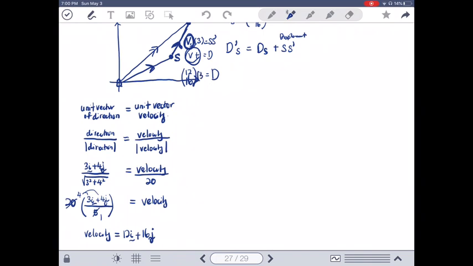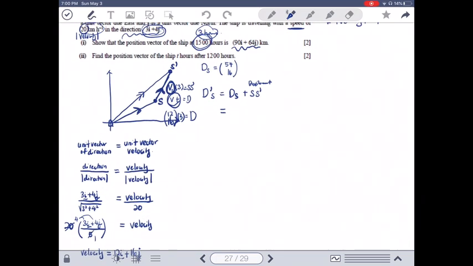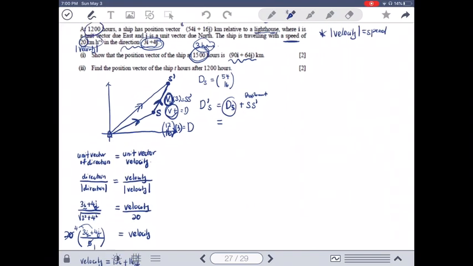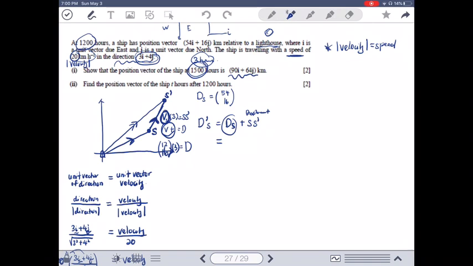Which means that in terms of displacement, we need the velocity vector, which is 12, 16, multiplied by the time, which is 3. Do we have the initial displacement of the ship? Yes, it's 54, 16.